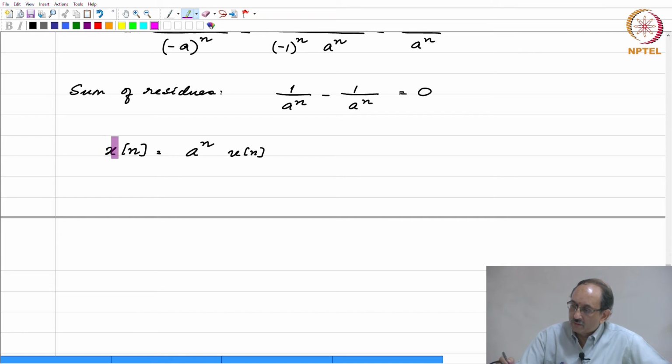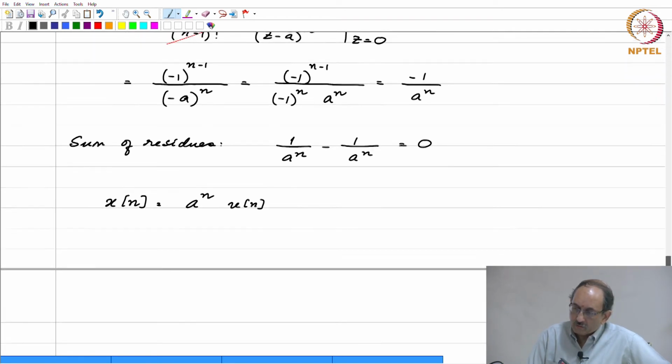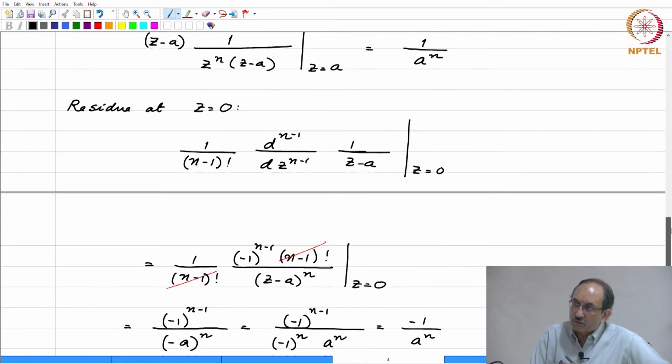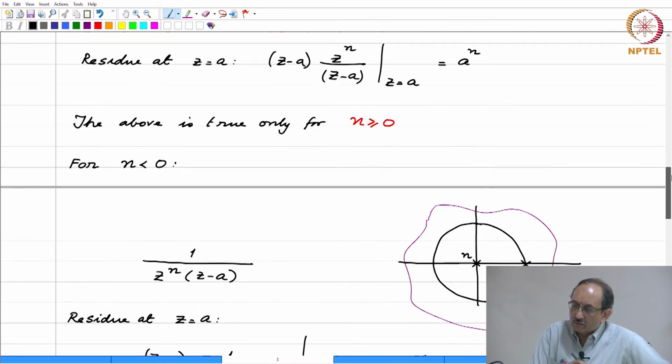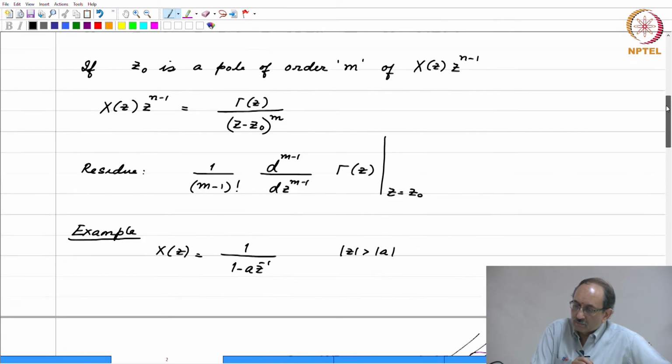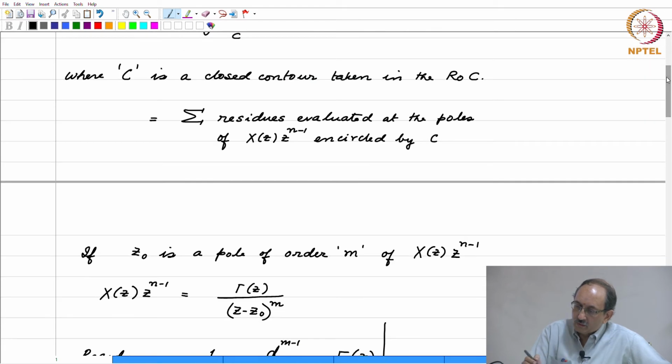So, we now have x of n to be indeed a to the n u of n. So, the contour integral, because of the Cauchy residue formula given here, for rational functions, is as easy to evaluate as anything else.